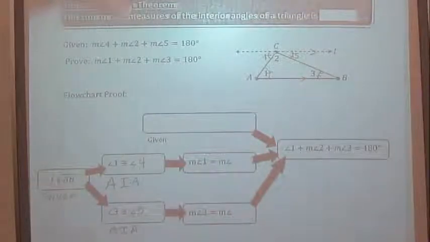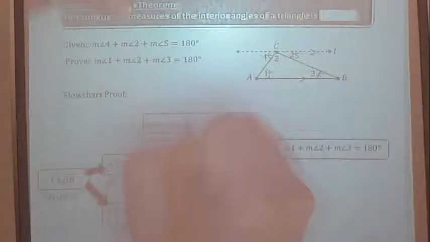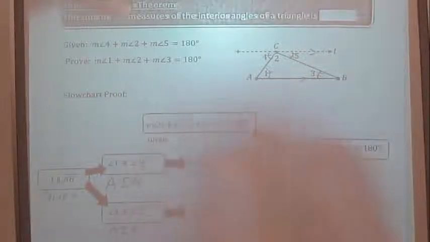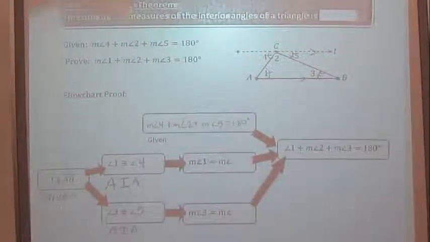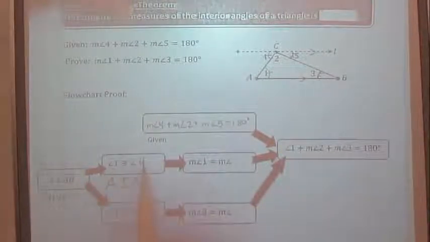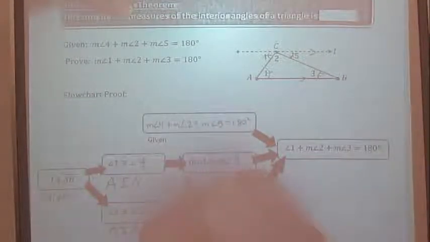Okay, and then we're also given that the measure of angle 4 plus the measure of angle 2 plus the measure of angle 5 equals 180 degrees. Again, that was given to us. Okay, well, if we know that angle 1 is congruent to angle 4, then we know that the measure of angle 1 is equal to the measure of angle 4, because congruent angles have equal measure.